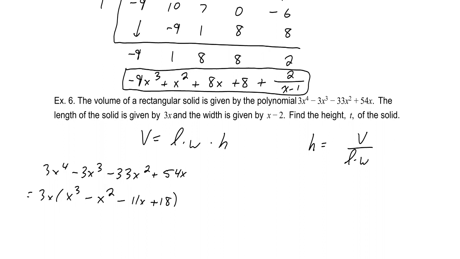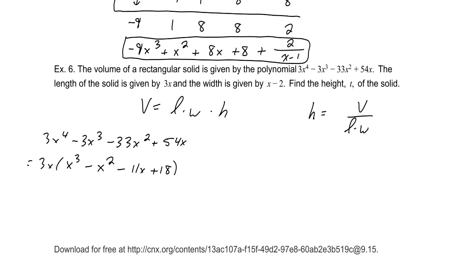So next what we want to do is divide. Okay, so what we have left is the width times the height. So we need to divide this by the width. This is where our synthetic division will come in because we're dividing by x minus 2. So that makes an x equals 2. Putting our coefficients here, 1x cubed minus 1x squared minus 11x, and our 18 is our constant.